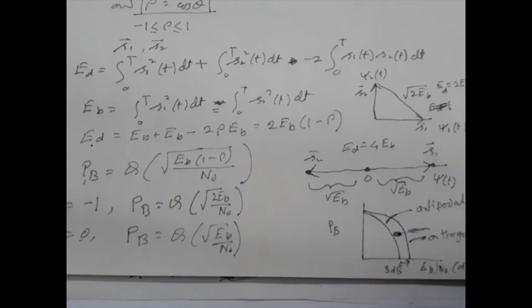That means the orthogonal signal requires 3 dB more signal to noise ratio compared to the antipodal. So antipodal signal is comparatively better as far as PB is concerned.